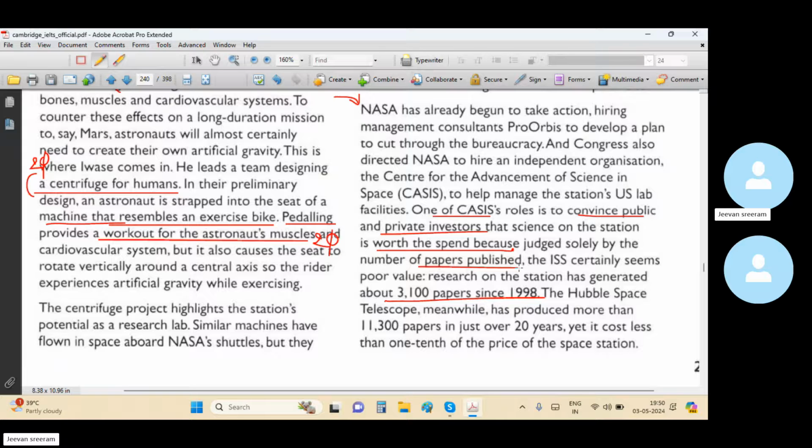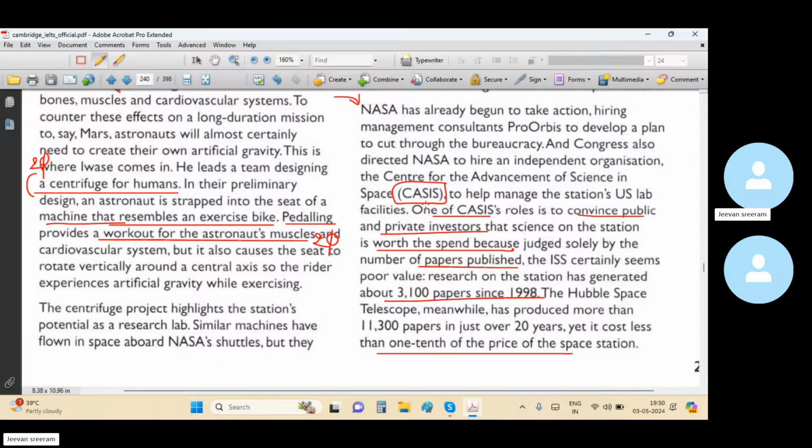When the investors look at Hubble Space Telescope papers and its development, they may definitely back down from investing in ISS because the development might not be as advanced as they expected when compared to Hubble Space Telescope, and even the cost of Hubble Space Telescope is 1/10 of the price of the space station. So in this particular situation, what is CASIS's responsibility?